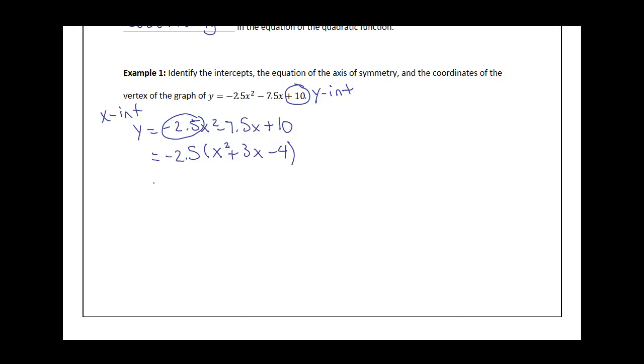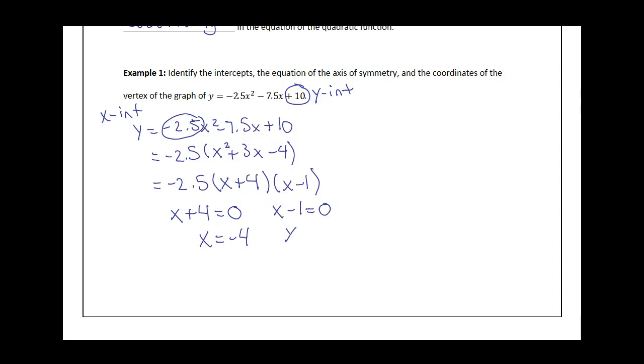And as a matter of fact, we can factor that right away. So we get negative 2.5, and the factors are (x plus 4) and (x minus 1) in this case. Setting those equal to 0, we get x plus 4 equals 0, hence x equals negative 4, and x minus 1 equals 0, and x then equals positive 1. Here, x equals negative 4 and x equals 1 are our x-intercepts.